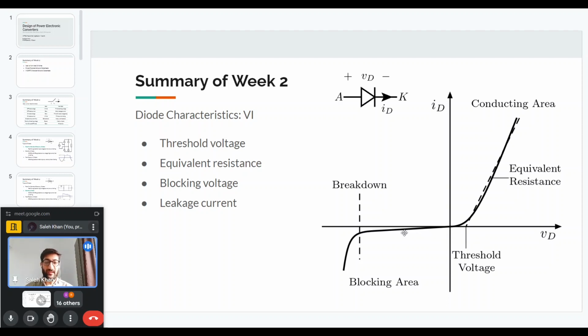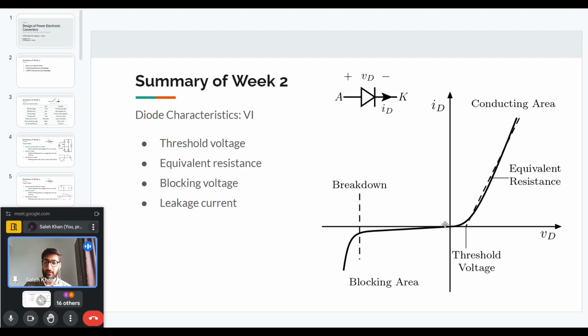And if we apply a negative voltage across the diode, then it will block that voltage and it will not allow any current except for what is called the leakage current. The leakage current is usually very small. Here it is shown in an exaggerated manner, but usually it is so small that it can be neglected.